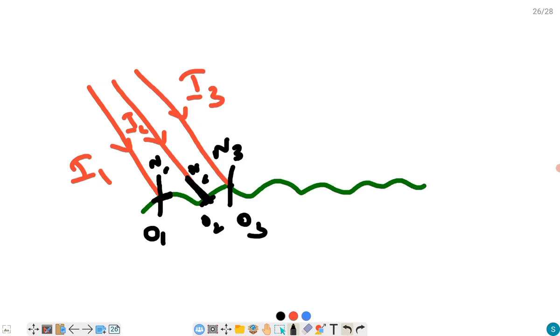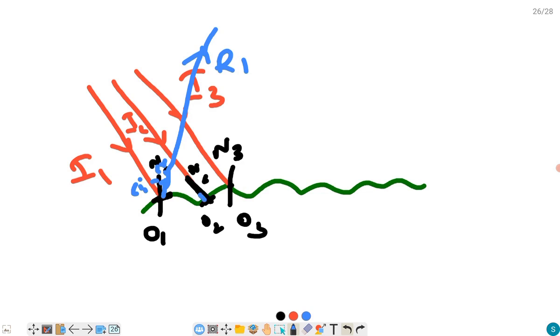Now tell me, what happens to the reflected rays? First N1, this is I1, then I2, sorry, R1 we draw first. This is the first reflected ray and this is the angle of reflection for the first ray, R1. Now where will the reflected ray for the second incident ray be?